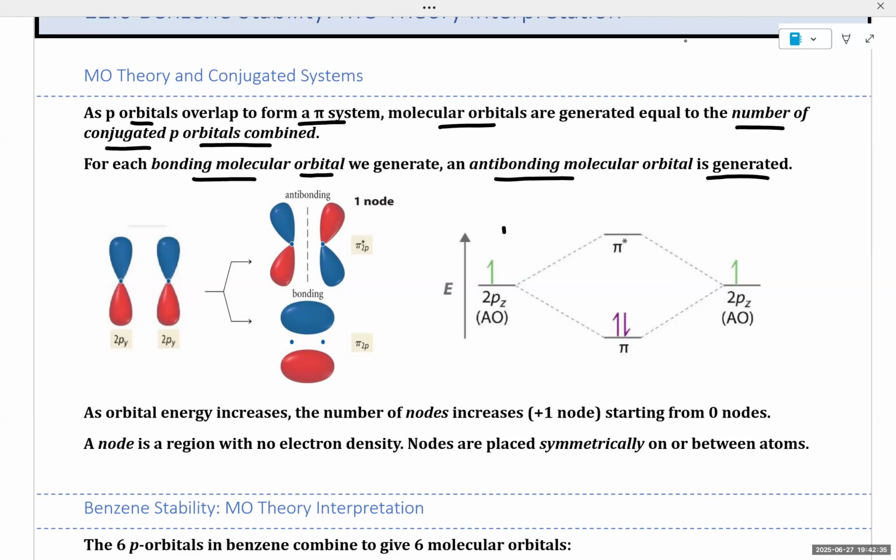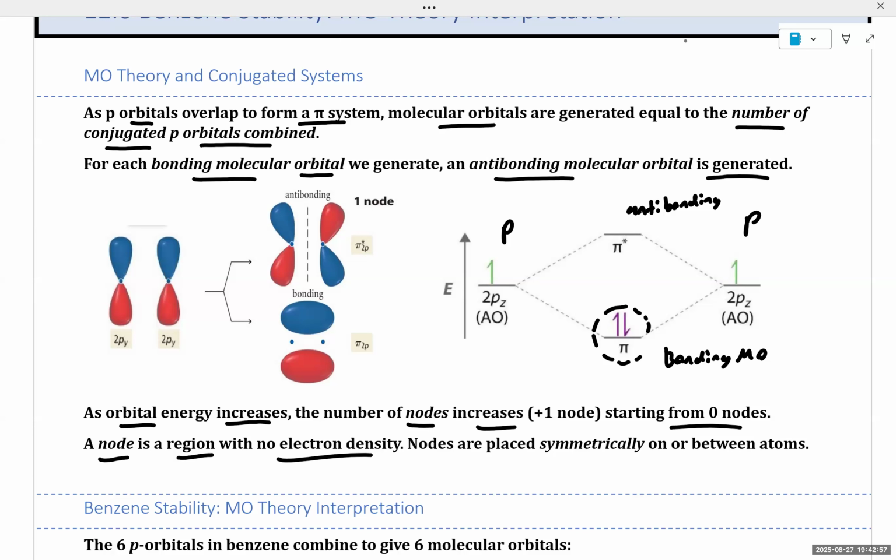So for example here, if we have our 2 p orbitals, we get a bonding MO and an antibonding MO. As orbital energy increases, the number of nodes increases, starting from 0 nodes. A node is a region with no electron density, and nodes are placed symmetrically on or between atoms.